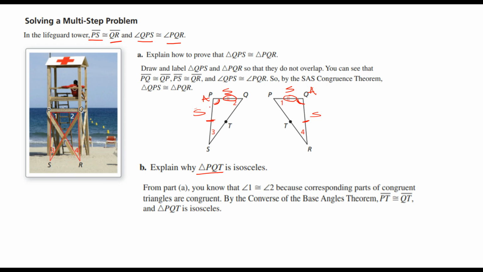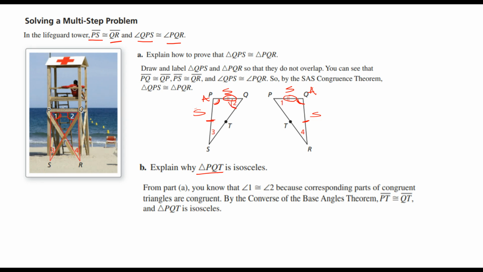From that, I know that these triangles are flipped around, meaning that angle 1 is congruent to angle 2 because they're both corners of those triangles.